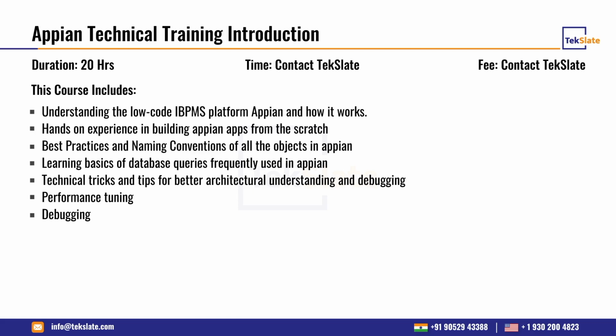Along with that, performance tuning and debugging will come in parallel, and the technical tips and tricks will make life better for anyone who is learning Appian. They can easily dive into the details of Appian and create apps flawlessly.